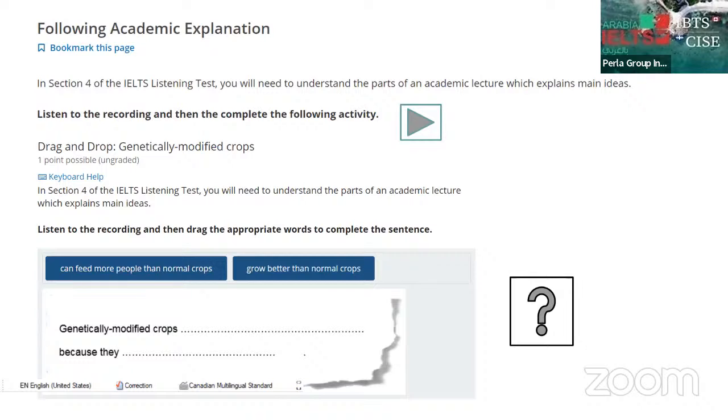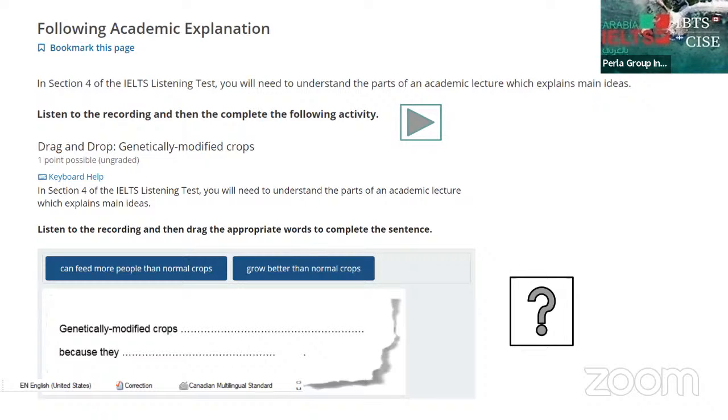And this person speaks in a different type of language. It's a formal language. That formal language has specific words and expressions that will lead you throughout the lecture, so you can understand what the lecture is trying to give as information or as points, okay?